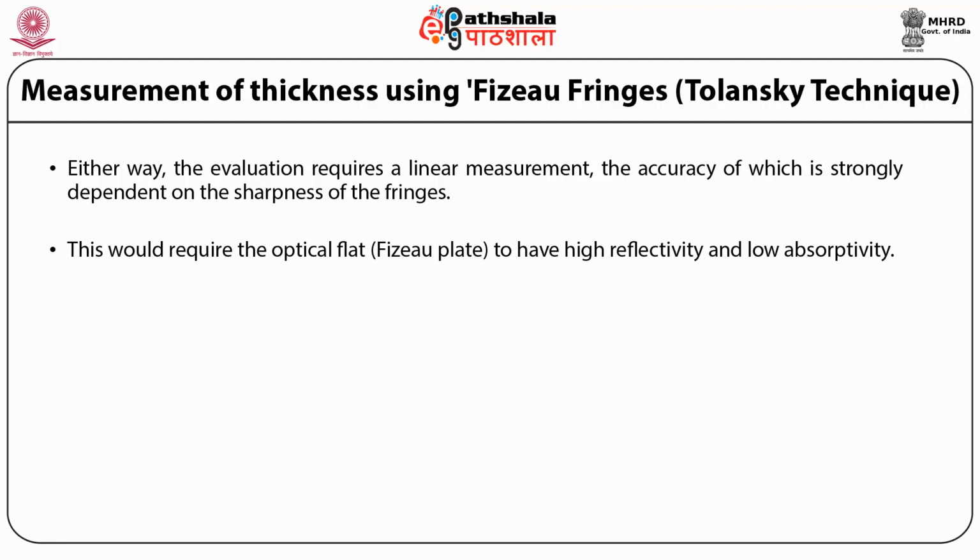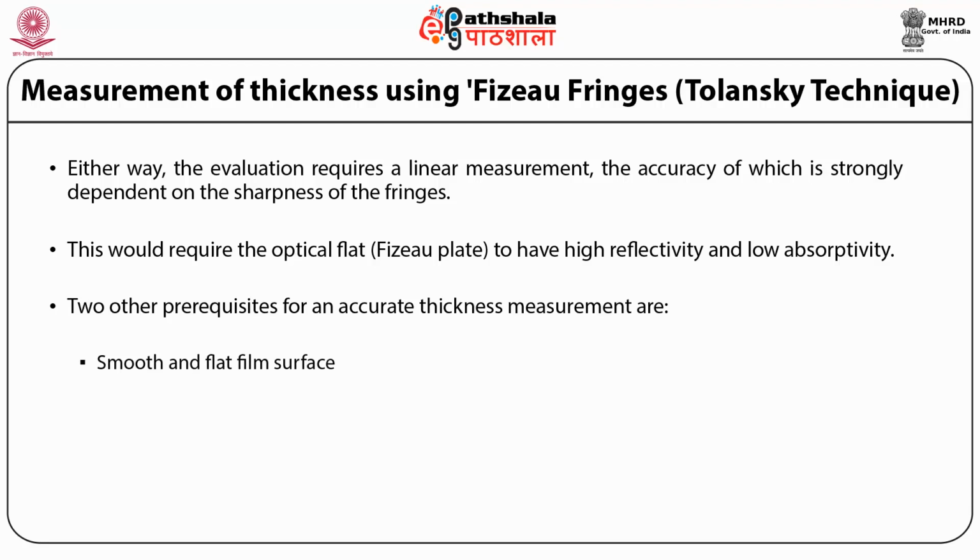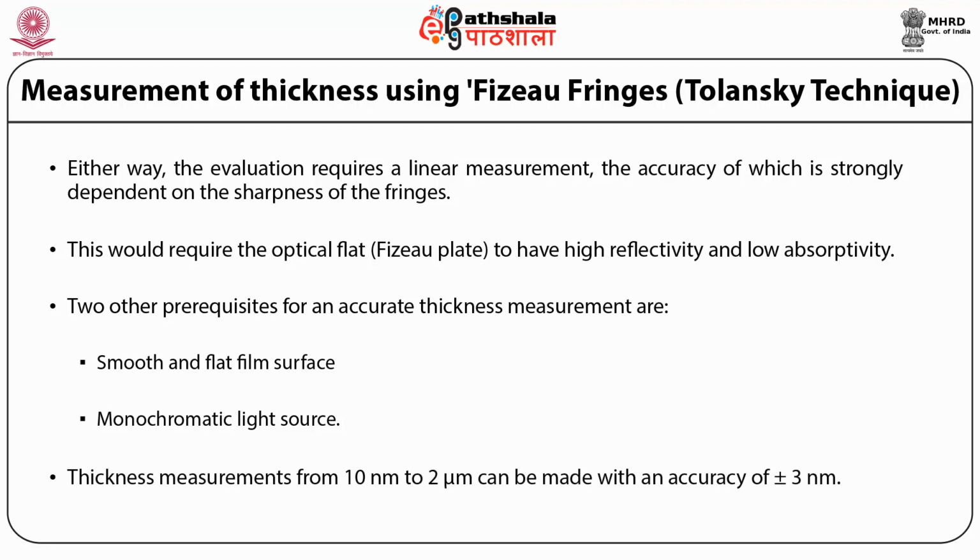This requires the optical flat Fizeau plate to have high reflectivity and low absorptivity. 2 other prerequisites for an accurate thickness measurement are: first, a smooth and flat film surface, and second, a monochromatic light source. Thickness measurements from 10 nanometer to 2 micrometer can be made with an accuracy of plus or minus 3 nanometer.